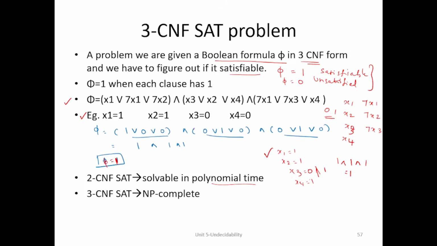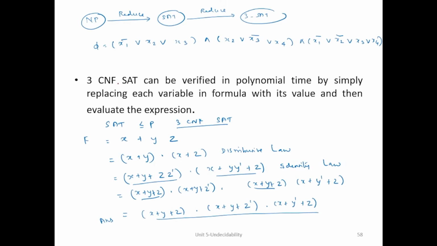Depending upon the number of variables, the solution of 3 CNF will be taken as either NP complete or NP hard. Generally, a 3 CNF problem will be able to find a solution in a particular situation, so all 3 CNF problems are treated as NP complete.